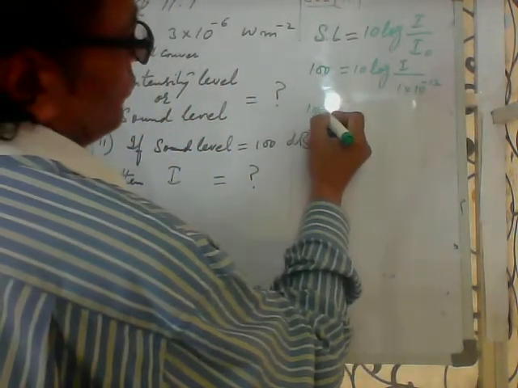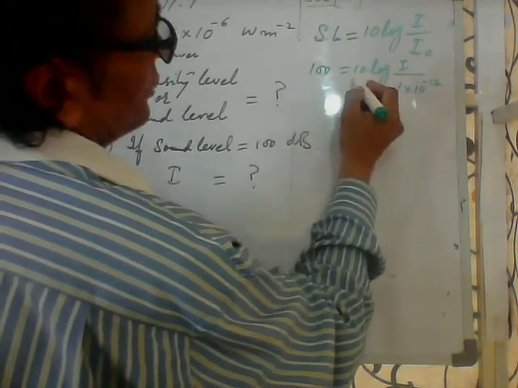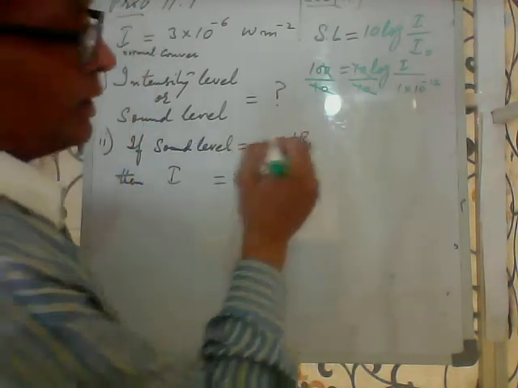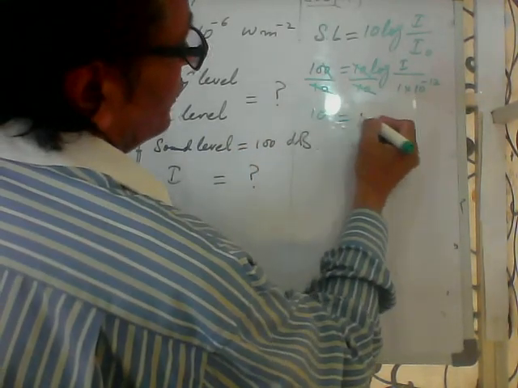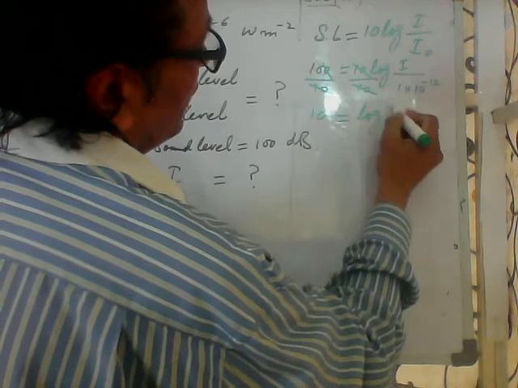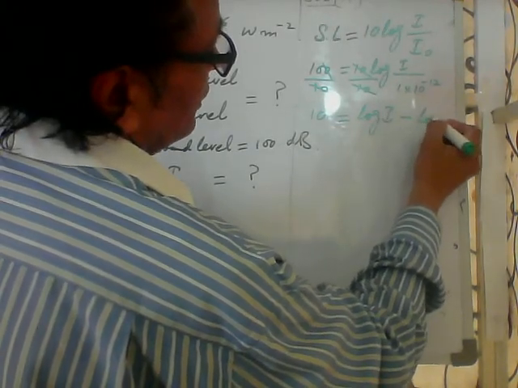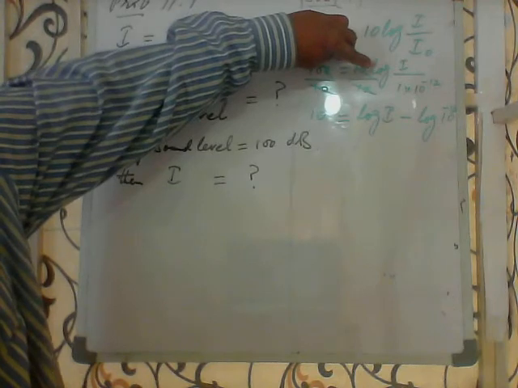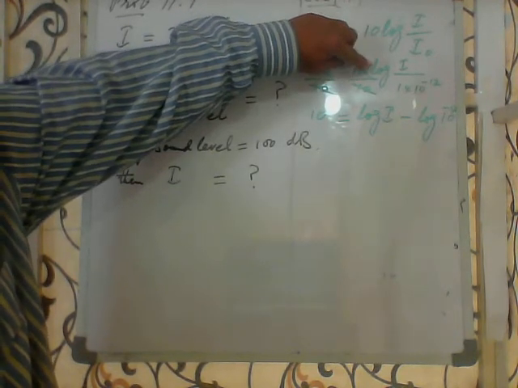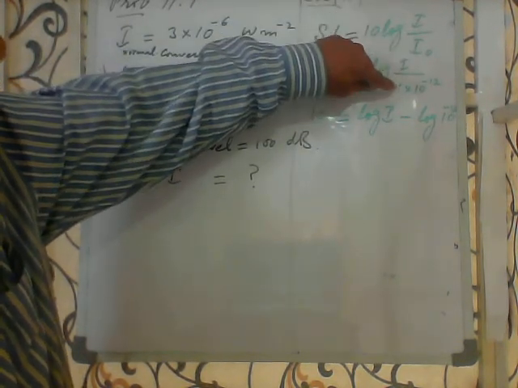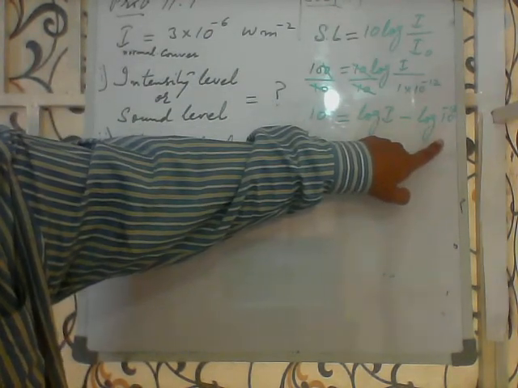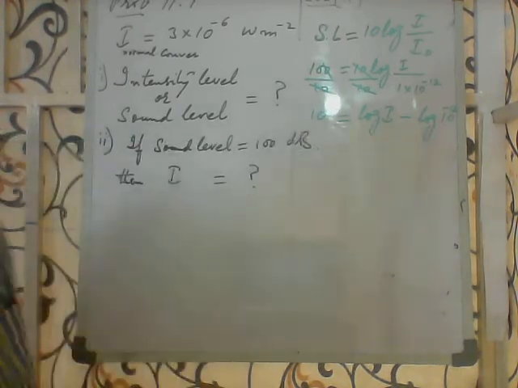Now, you just divide it by 10 on both sides. To shorten it, we get 10 is equal to log of I minus log of 10 is power minus 12. How? Here you applied law of log. Log of A divided by B is equal to log of A minus log of B. Application of law of log.